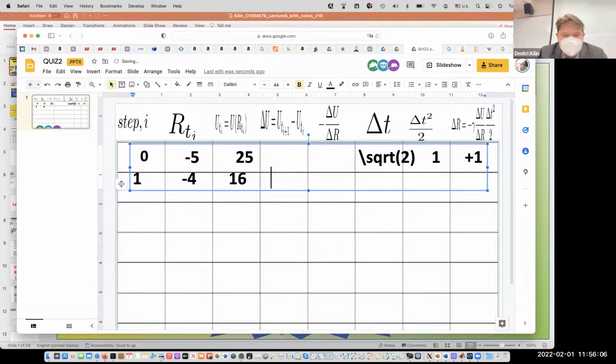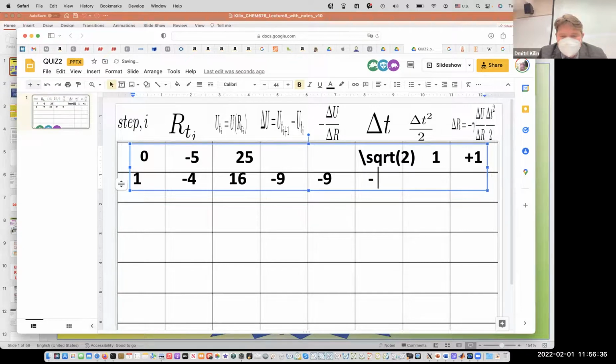Now we can compute delta u. So it will be 16, new minus old: 16 minus 25 will be -9, correct? Now, -9 divided by +1 will be -9, right? So it is our gradient.